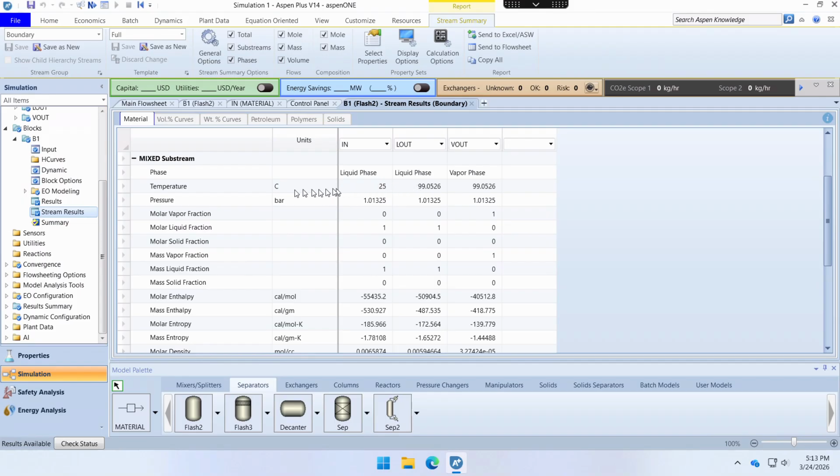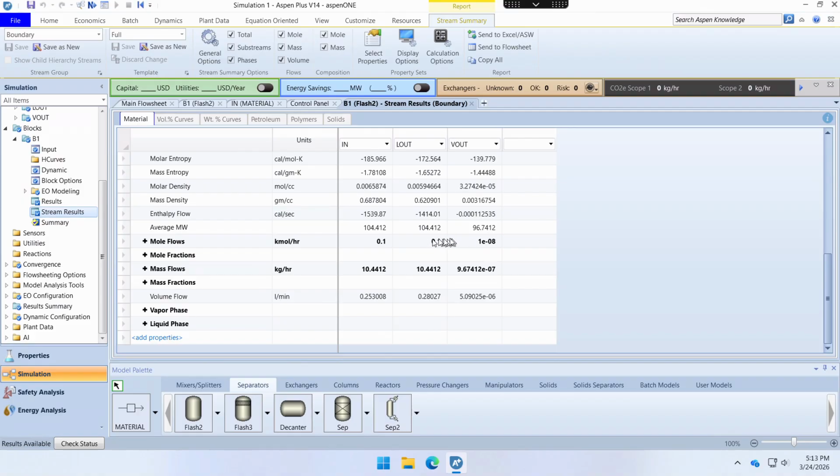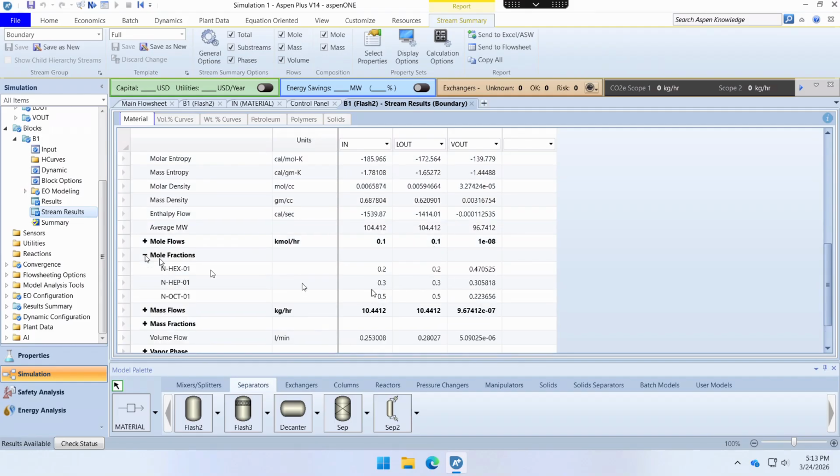The temperature that it gives you is the temperature of liquid and vapor output, and it's 99.05. Okay, so that's the temperature of the bubble point, because almost all of it is in the liquid, very little is vapor, but you can still get the mole fractions of vapor at the bubble point.